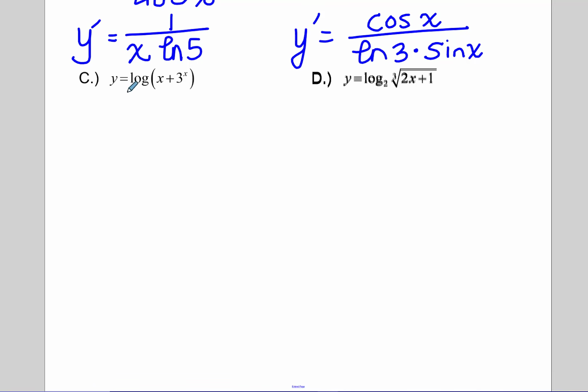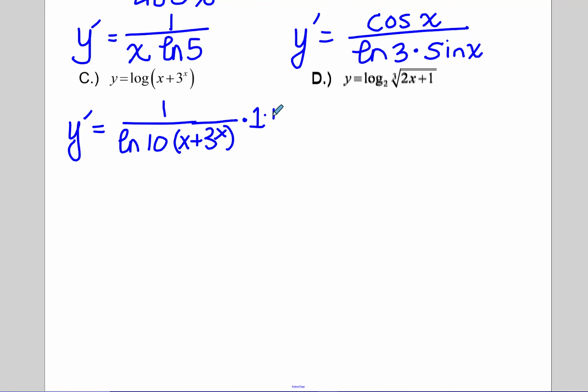This one, our base is 10 now because the log without any subscript means base 10. That's our common log. So we got 1 over natural log of the base times the function. And then we've got to take the derivative of the function, which is 1 plus 3 to the x ln 3.